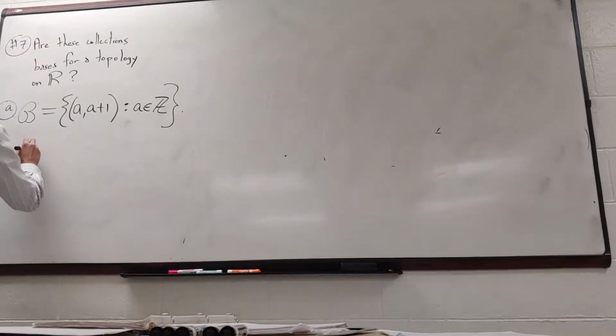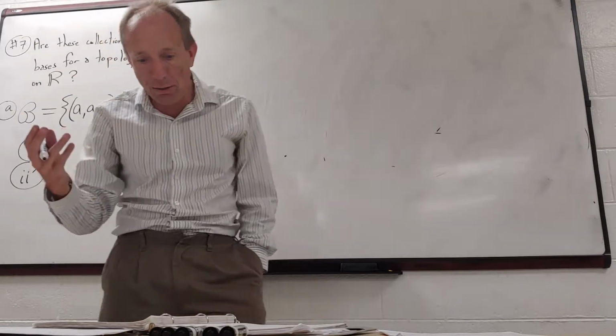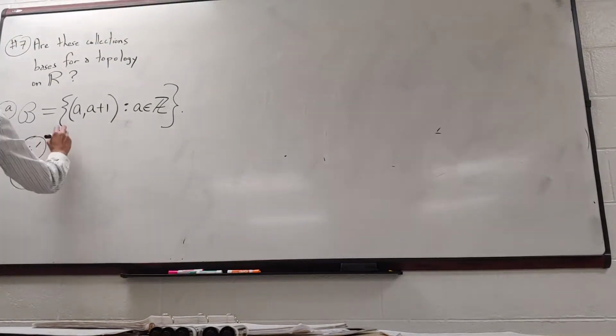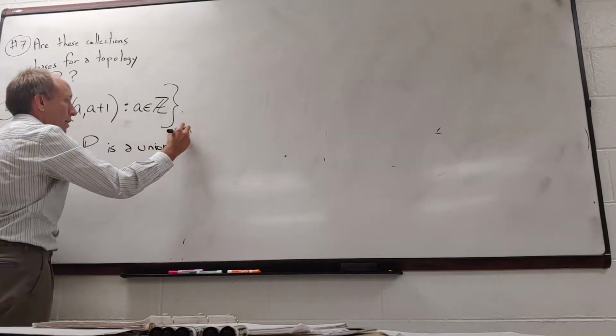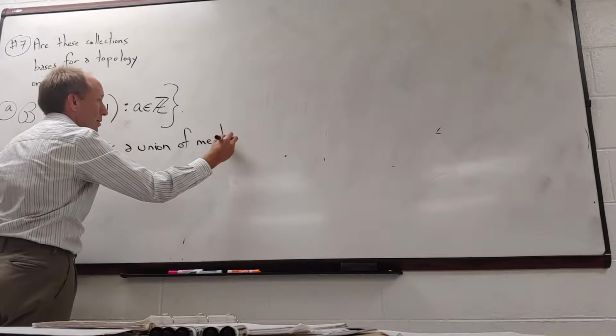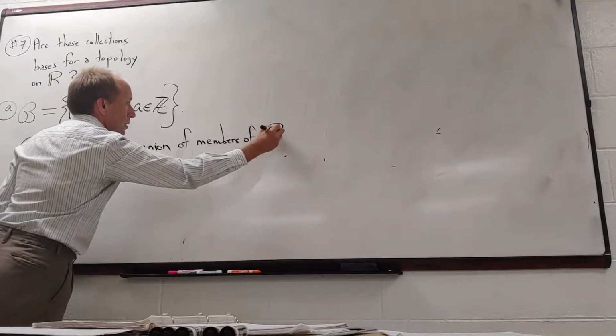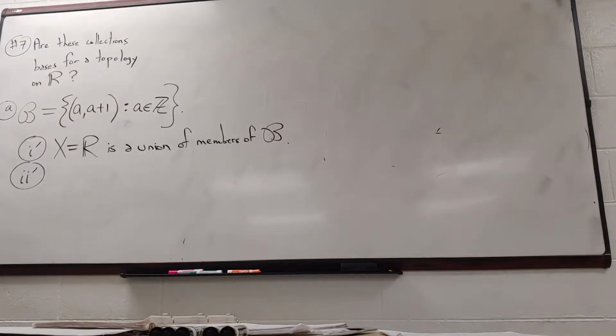They were written as I prime and I double I prime. So you have to cover the whole set. Right, so the first one is that X is a union. So X in this case is R, is a union of members of B. Okay, and then the second, what was the second property?